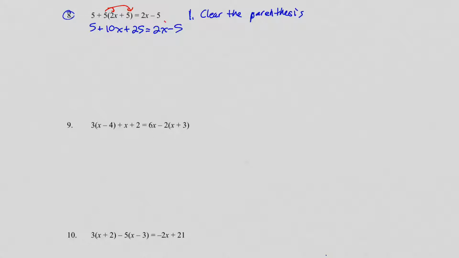This right side is simplified, but over here on the left side, I can put those two together. So our second step is to combine like terms, CLT, on the left, because the right's already done. Okay, so 5 plus 25 is 30.